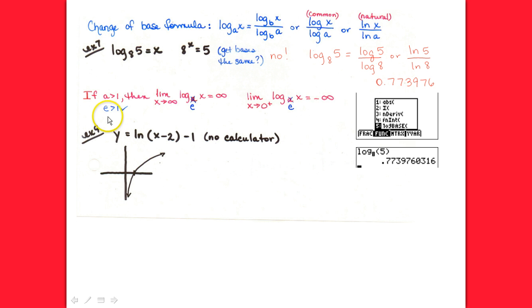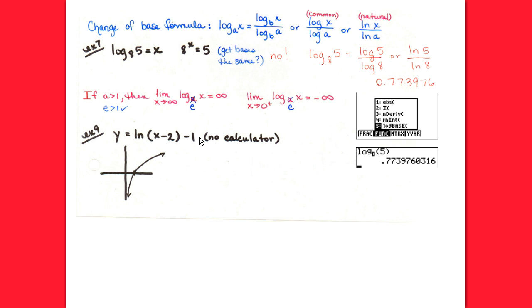Well, e is a number greater than 1, so I can put it in the place of a and nothing will change. So I can come over here and put e in for a, and I'll have the natural log of x. The limit as x approaches infinity of that is infinity. Or the limit as x approaches 0 from the right of that would be negative infinity, just like we had earlier today.